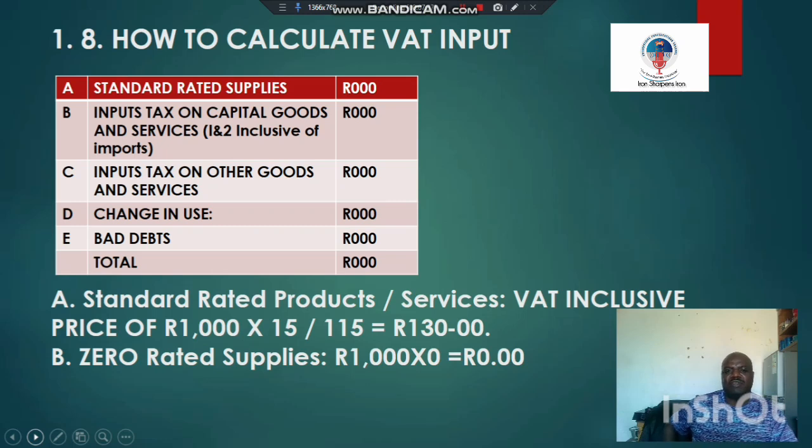Now, how do you calculate VAT input? Simple. For standard rated supplies, remember it's 14%. I've shown you an example, and this includes all imports for standard rated supplies and capital goods. Now, you take input tax on other goods and services, for your rent, your stationery, your travel, and advertising.